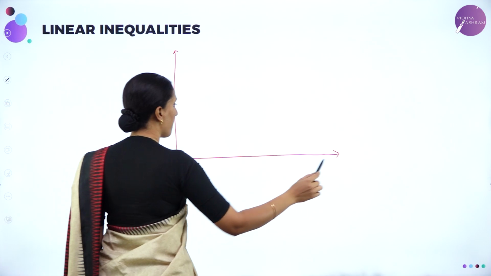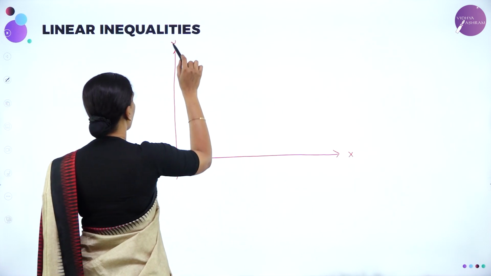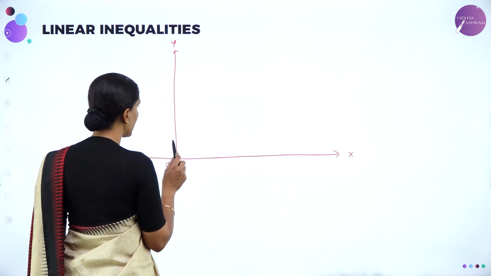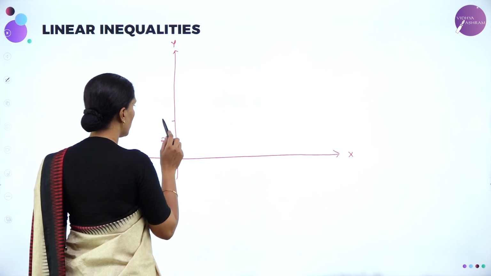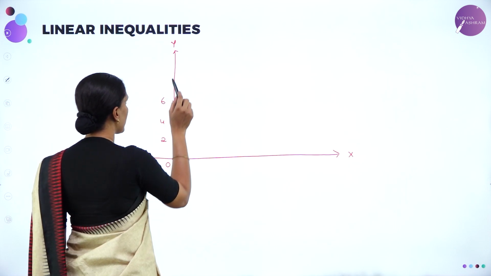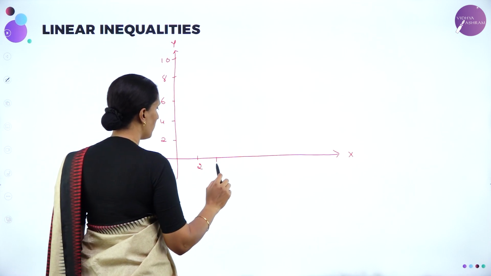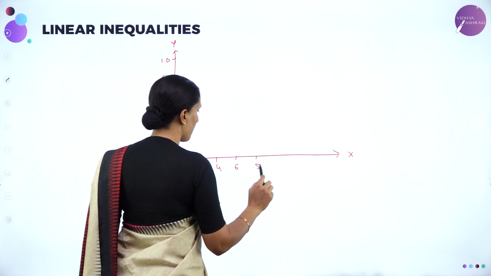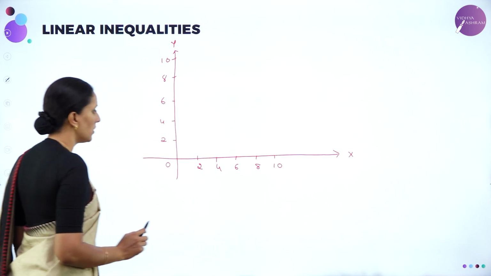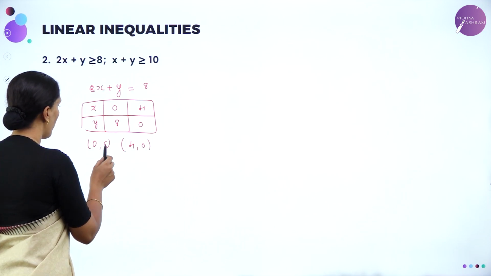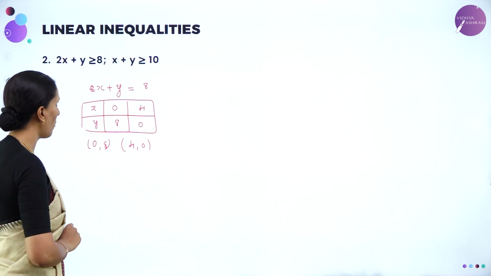So 0, x, y. Now here I'll take this in the form of 2, 4, 6, 8, 10. Here also I'll take 2, 4, 6, 8, 10. So the first point is 0, 8 and the next point is 4, 0.